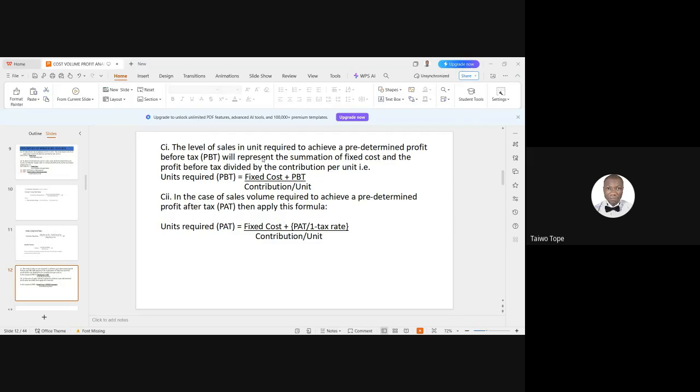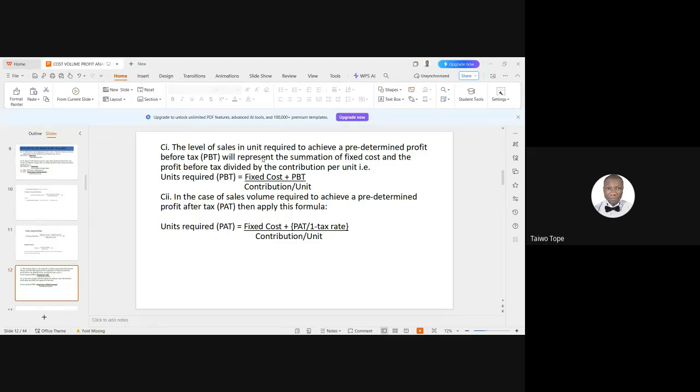So you can be asked to determine the level of sales in units required to achieve a predetermined profit before tax. And when you're asked to do that, it is your fixed cost plus your predetermined profit before tax divided by contribution per unit. You can also be asked to determine the sales volume, not in units now, but overall sales volume required to achieve a predetermined profit after tax.